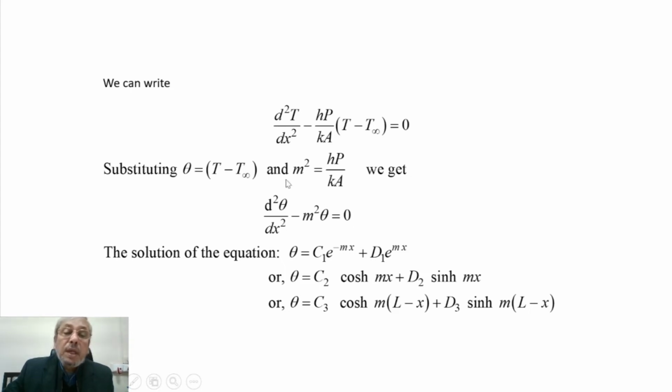to 0. Now d2 theta/dx2 minus m squared theta equal to 0, this equation can have three possible solutions, all are same. One is theta equal to c1 e to the power mx plus d1 e to the power minus mx.